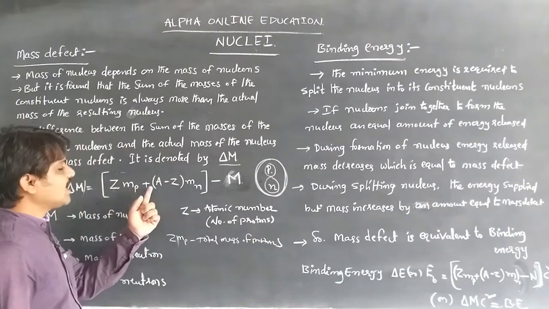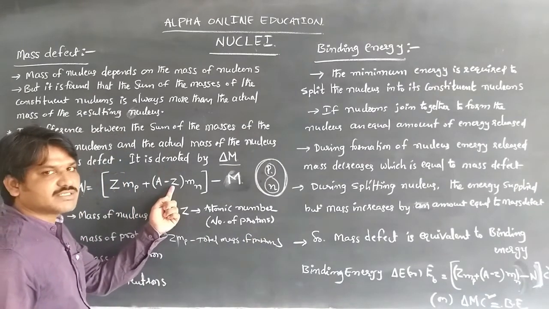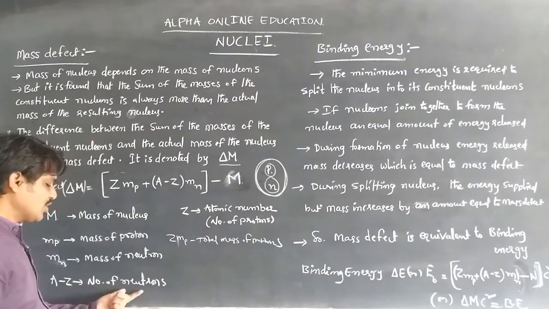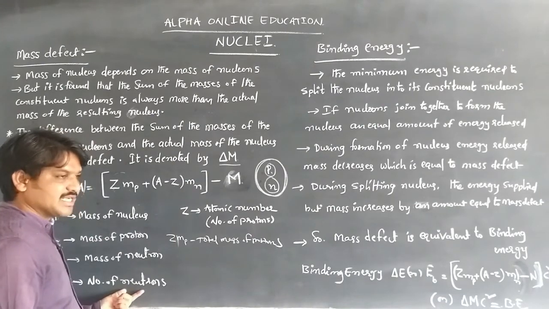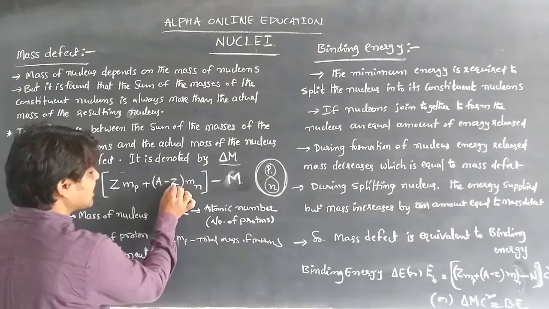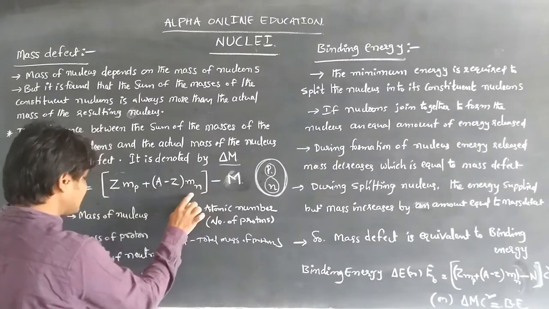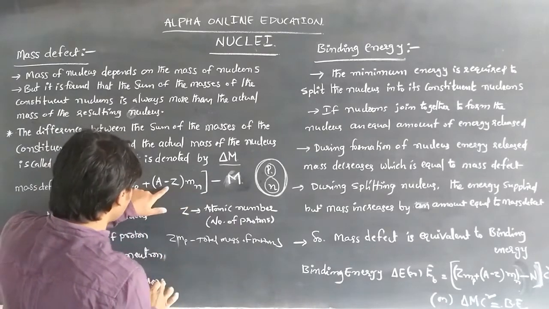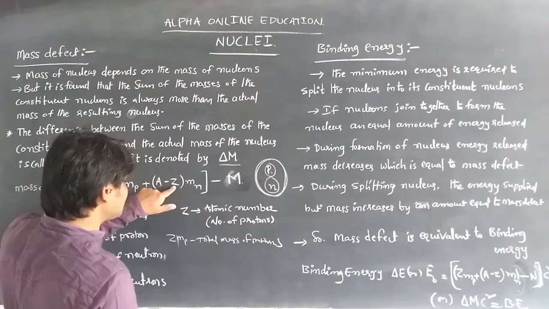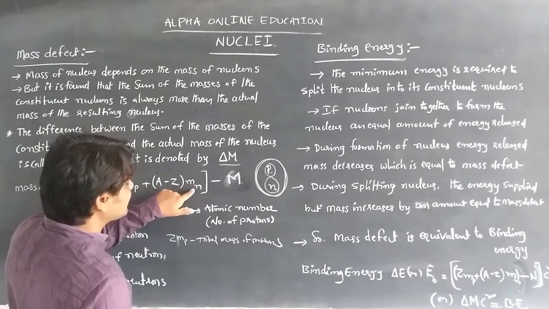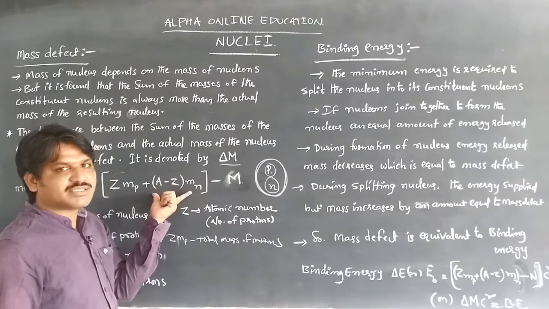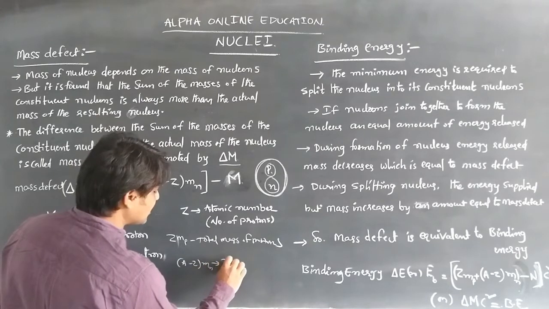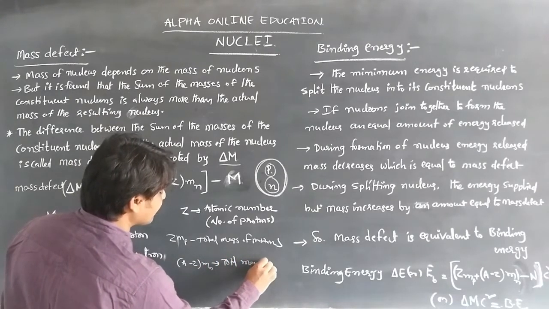A minus Z gives the number of neutrons present in the nucleus, and Mn is the mass of a neutron. So A minus Z times Mn gives the total mass of neutrons.